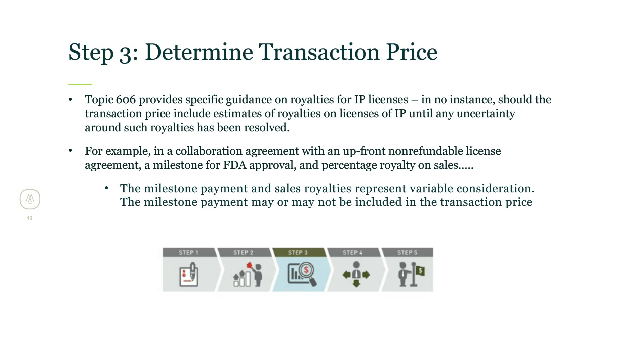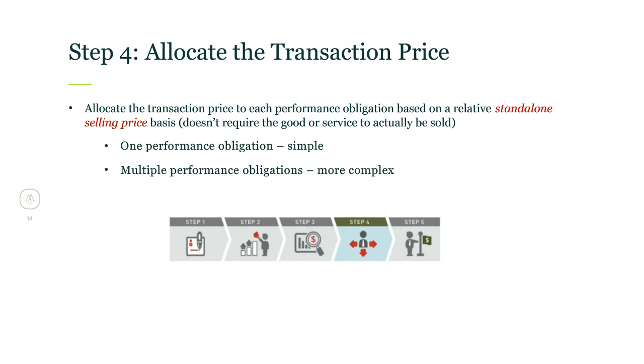So once you've determined the transaction price in step 3, it comes back to allocating that transaction price in 4, and then recognizing the revenue in 5 as the performance obligations are met. One of the interesting things in step 4 is that you need to look at each performance obligation on the basis of a relative standalone selling price.